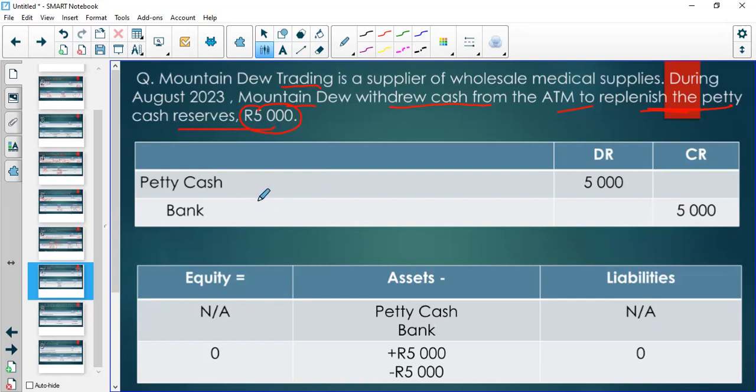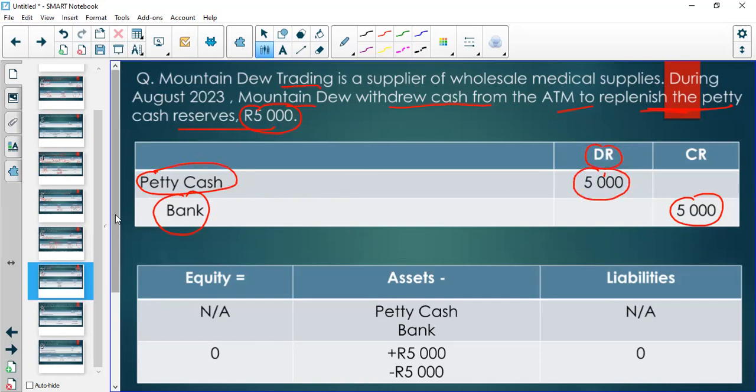Now they want to use that money as cash. So it's just money they have, which has moved from being in the account to being cash on hand. So the bank account is money in the bank account, so it is reduced by 5,000. But we now have petty cash, which we received, and it's a debit of 5,000.